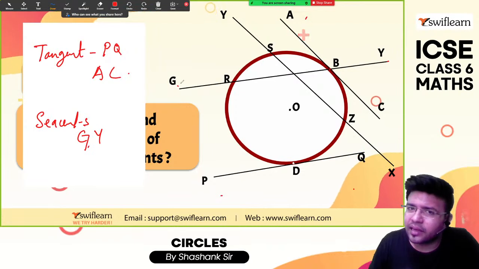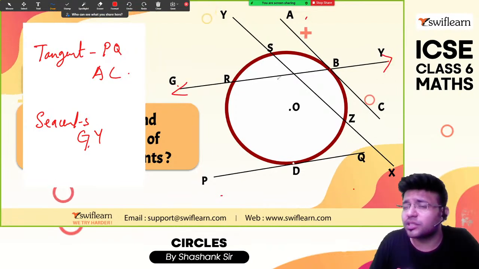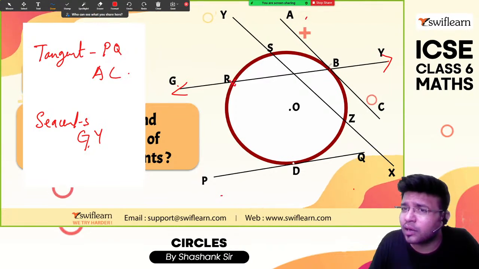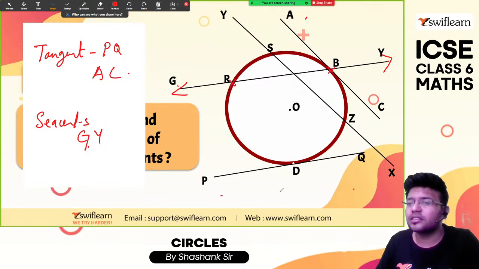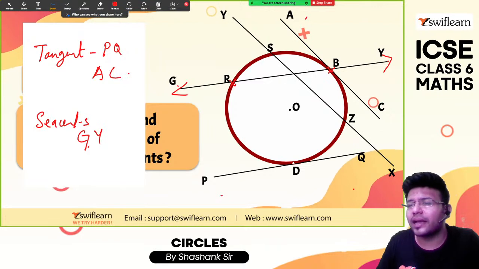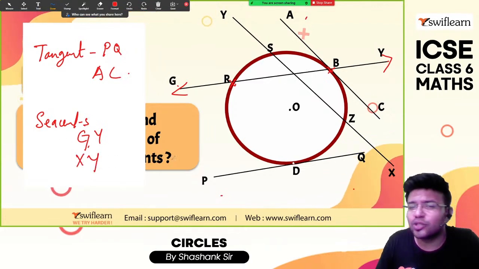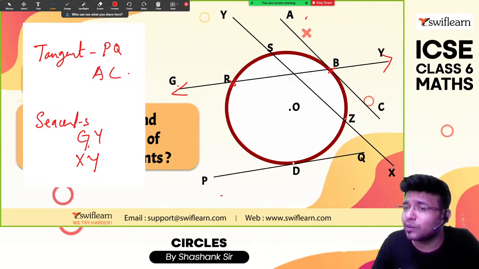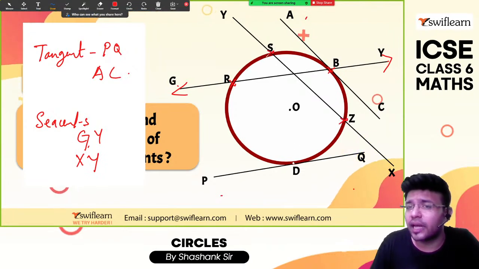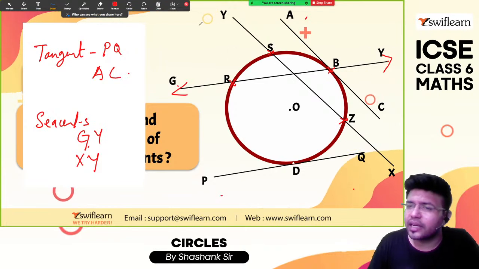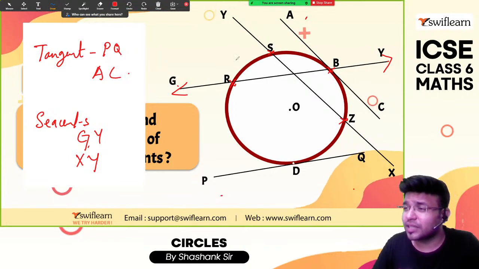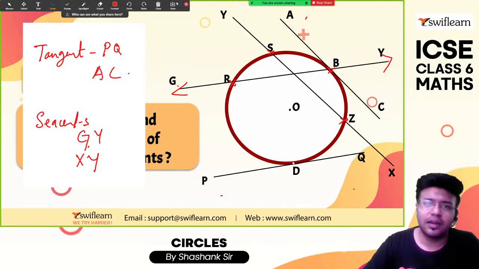It is a line which is intersecting the circle at two distinct points R and B. So this is a secant. What about YX or XY? It is also a secant, a line which is intersecting the circle at two distinct points Z and S. So ये tangent है, ये secant है. You got this, guys? Understood what is a tangent? What is a secant? Yes.